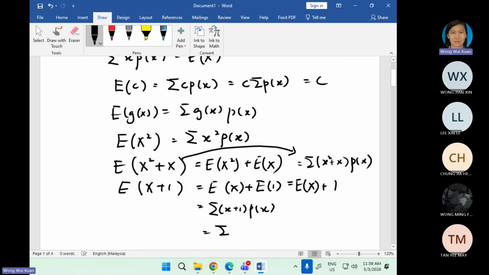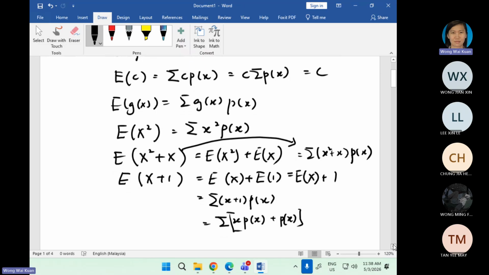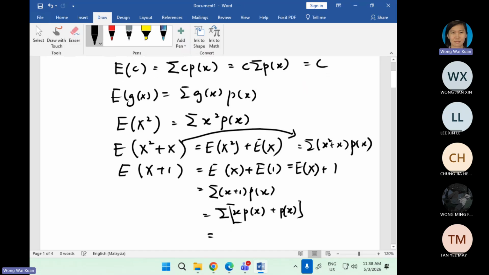So then this becomes X times PX plus PX, right? Then when I put the sum in, I get the sum of X PX plus the sum of PX. Isn't it? I get back this.